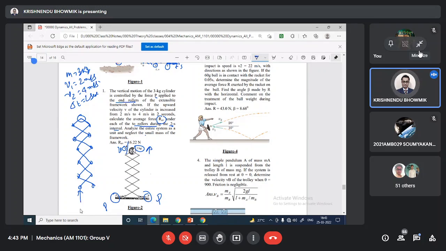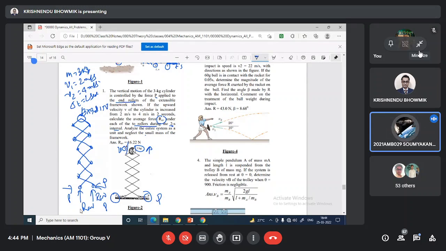There will be reaction forces like this, R average here, R average here also, this is P, this is P, and this is 3 multiplied by 9.81 Newton, this is mg.